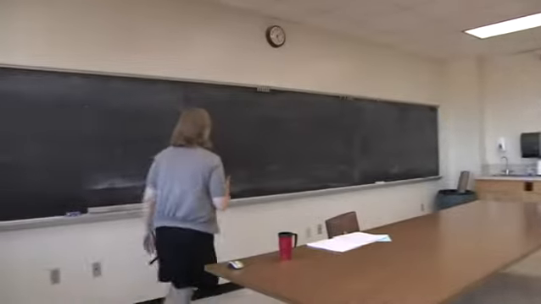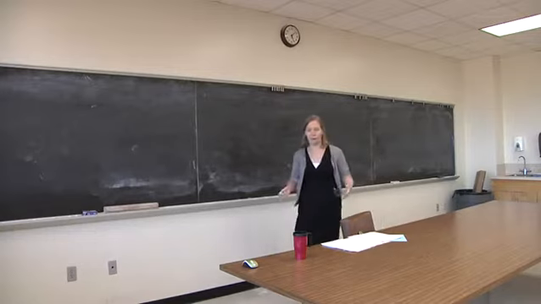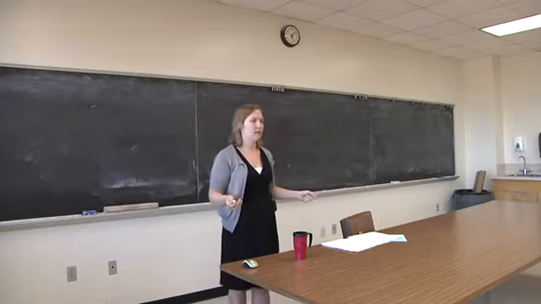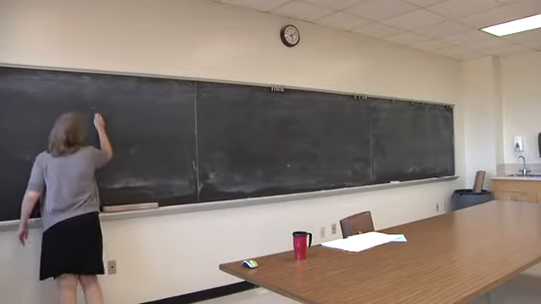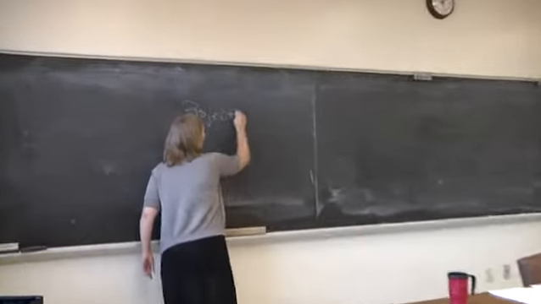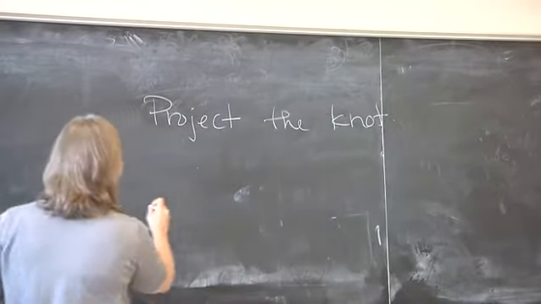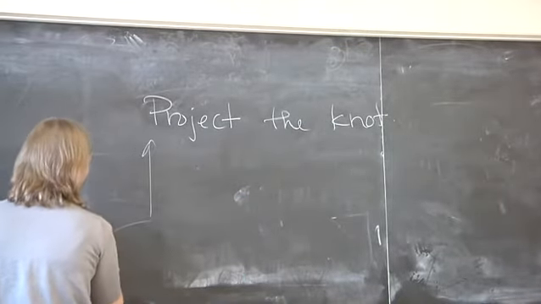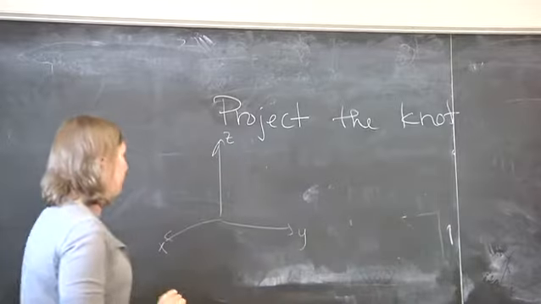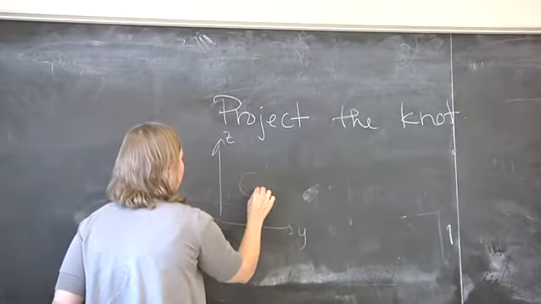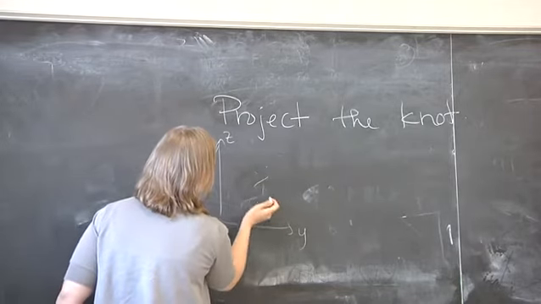Okay, so those knots are in 3 dimensions, and usually when we draw knots, because the knots that I work with have like 90 crossings or more in them, it's really not possible to make them out of rope. So what we do is project the knot onto a plane. So here's a 3-dimensional thing, living in 3 dimensions.